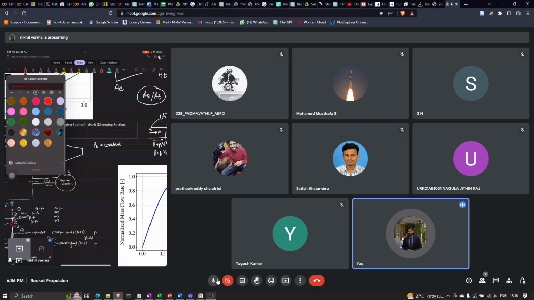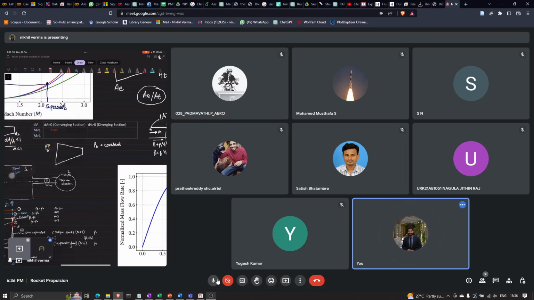Whereas if we have a section which is diverging, and if we have a subsonic flow, with this equation, what can we tell about the velocity? Anybody?